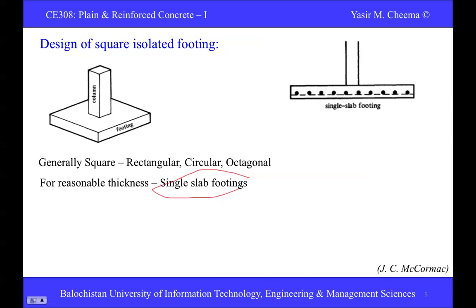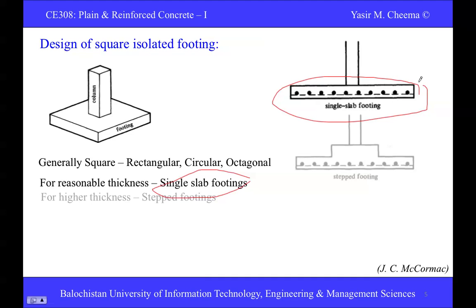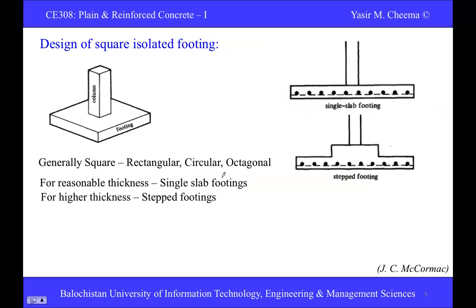You see here, single slab footing. This one is the single slab footing. But when the thickness is more, let's say more than 24 inch, like 36 inch, 48 inch, 4 feet I mean, in this case we go for the stepped footing concept.